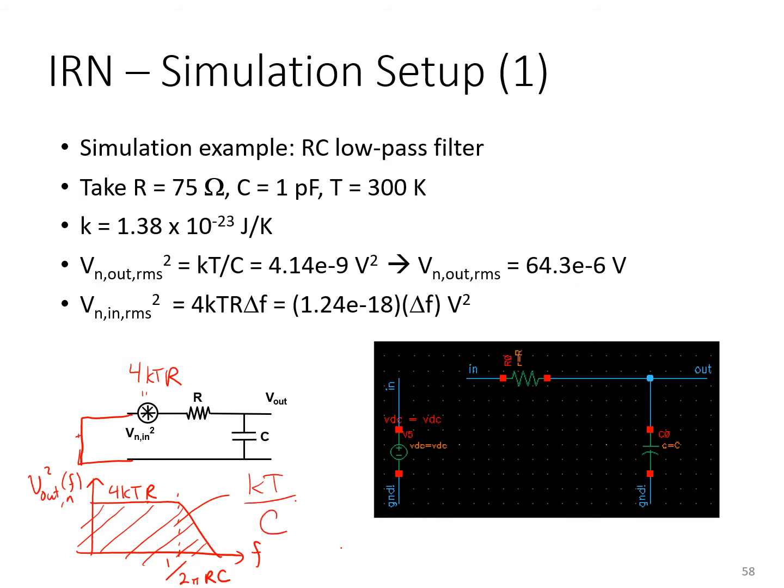Now for the exemplar values given here and at room temperature, kT over C is the value given here, and we could take the square root of that to find the output RMS noise, which it turns out is about 64 microvolts in this case, RMS.